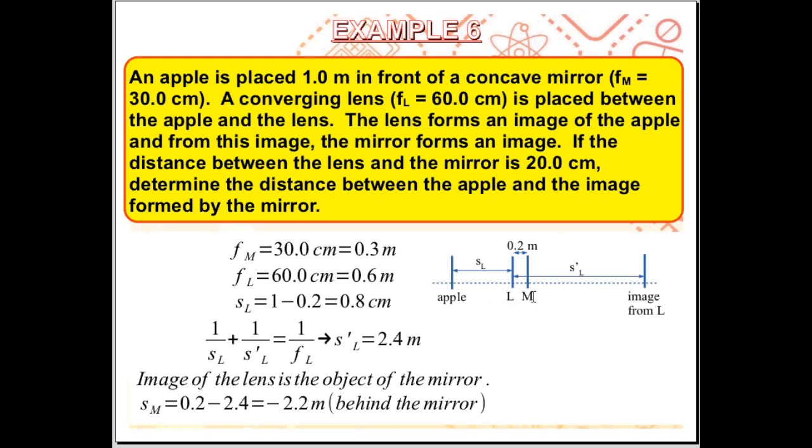From apple to the mirror is 1 meter. Mirror and lens is 0.2 meters. That means this is our distance SL. SL is just 1 minus 0.2. That will give you 0.8 meters. So this is wrong. This is not centimeters. This should be meters. 1 meter minus 0.2 meters is equal to 0.8 meters. Not 0.8 centimeters, but 0.8 meters.